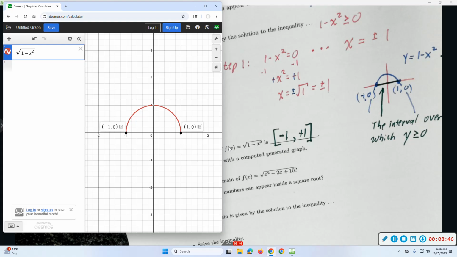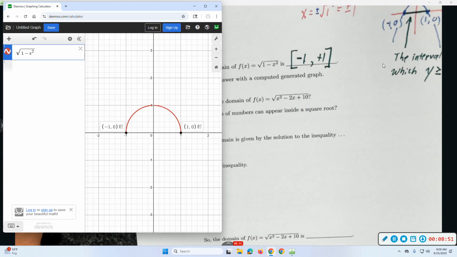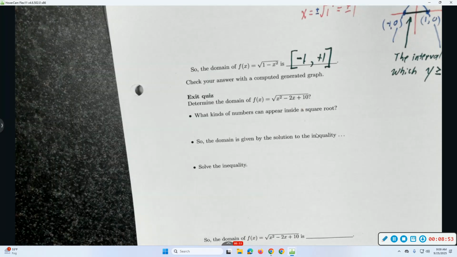Think you can do one on your own? Let's play the same game. The square root of x squared minus 2x plus 10. Compute for me that domain.